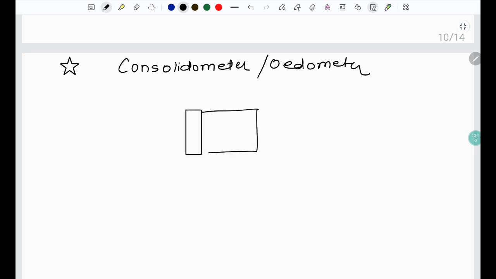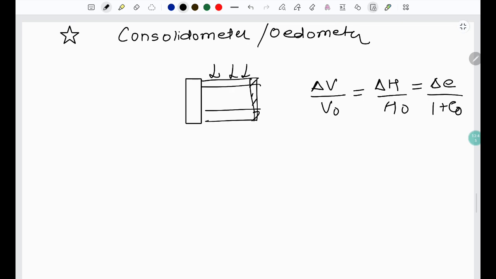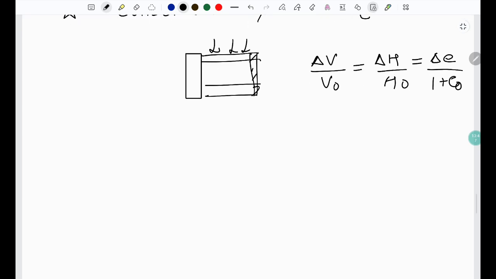We have a gauge in it, we have a way to apply incremental pressure, and we have gauges to measure that, and we measure delta V, change in volume upon initial volume, by delta H by H naught, which equals delta E by 1 plus E naught. E naught is the initial void ratio, H naught is the initial height of the soil sample.